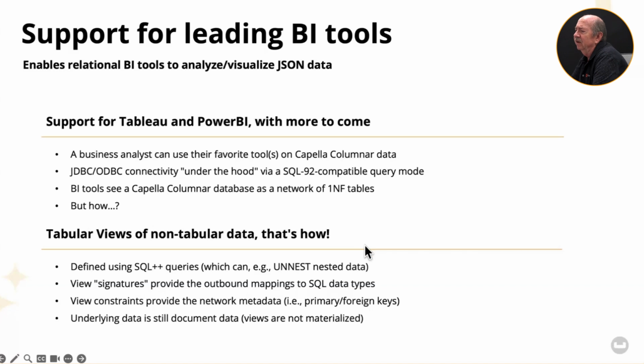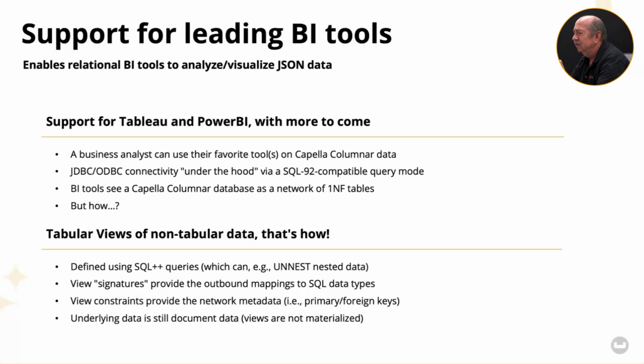One of the features of Capella Columnar is support for something we call tabular views. When you want to create something you want an analyst to see from your data, you can write a tabular view description in SQL++ that shows the data, and I'll show you an example of this on the next slide, in tabular form. They get to put on relational glasses to see their JSON data.